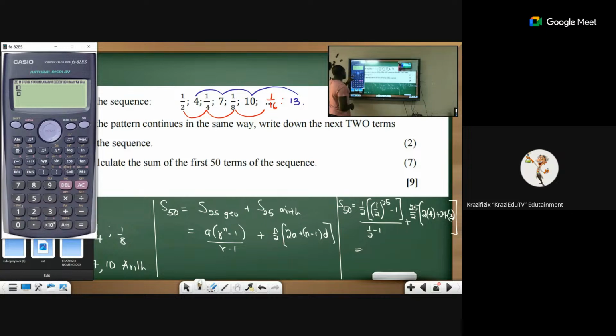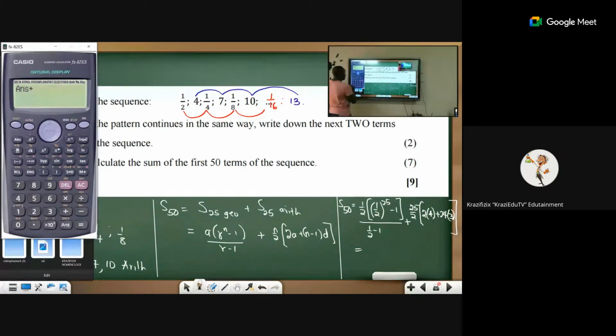All right. So what do we have? A half, 0.5. Another bracket, 0.5 to the power of 25. Please, let's type correctly. Minus 1 over a half, that is 0.5 minus 1. That gives me that.